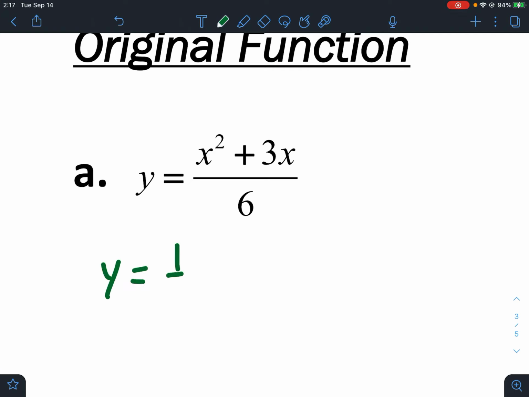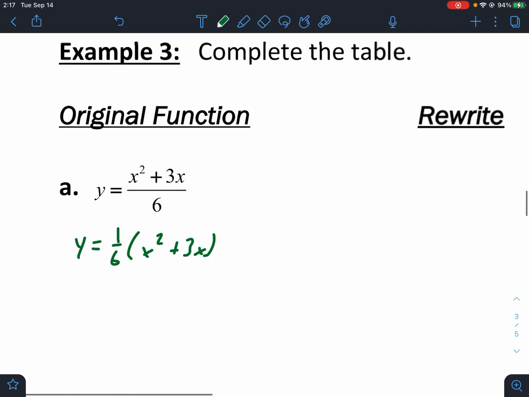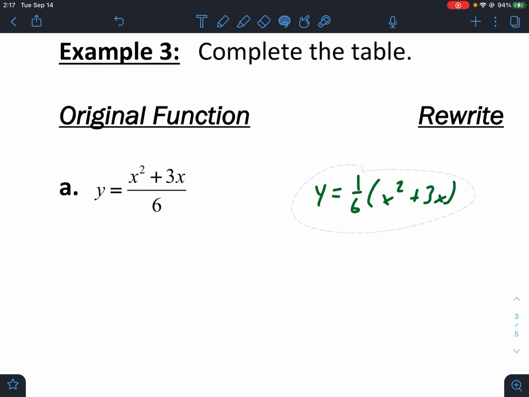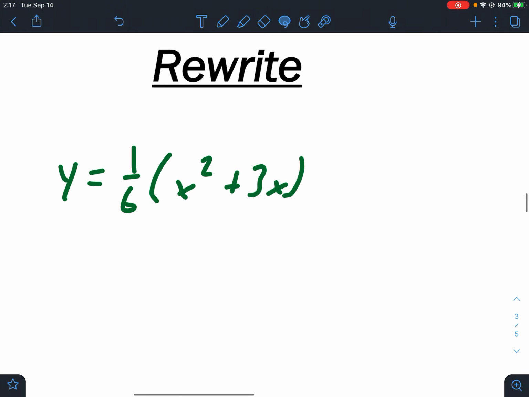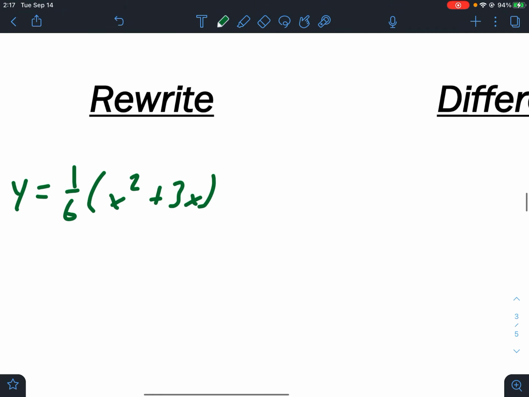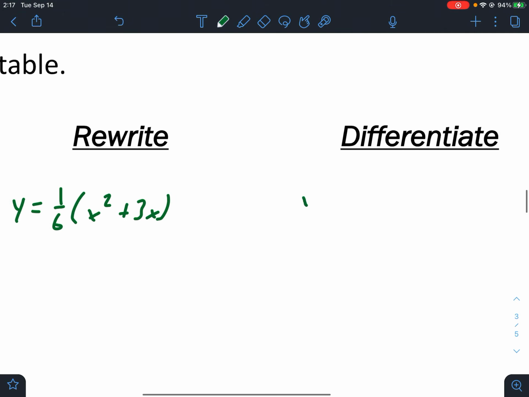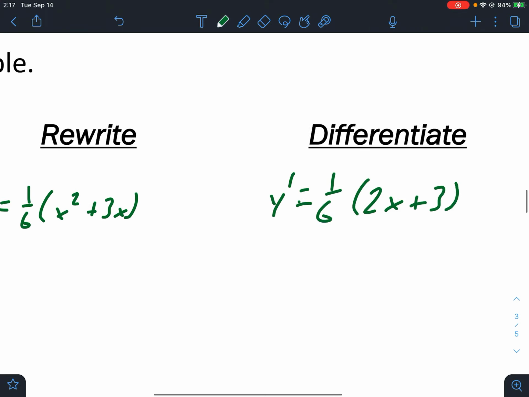You can rewrite this as 1/6 times x squared plus 3x. And that's just a scalar multiple of 1/6. So really all we got to do is take the derivative of the inside here. So y prime would be 1/6 times 2x plus 3.